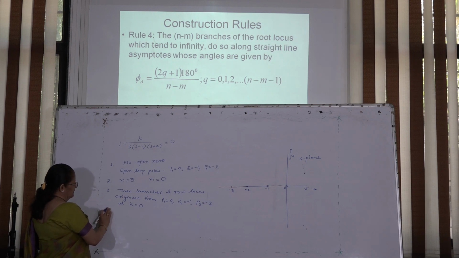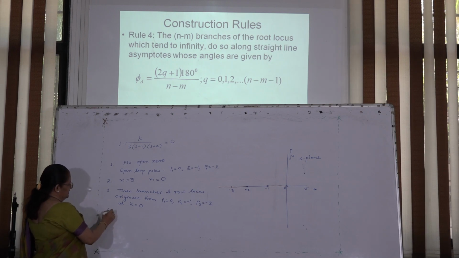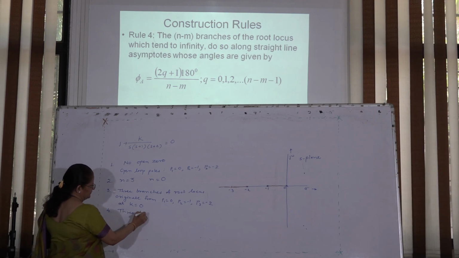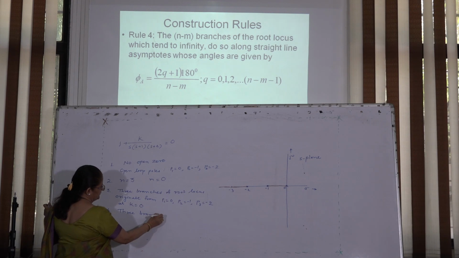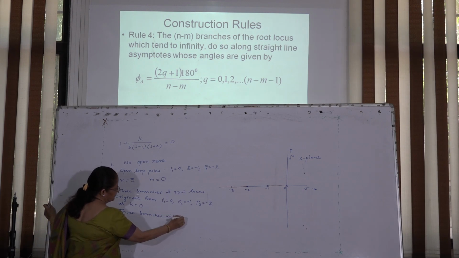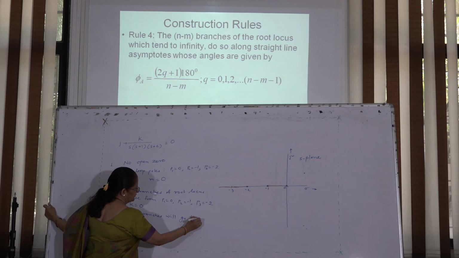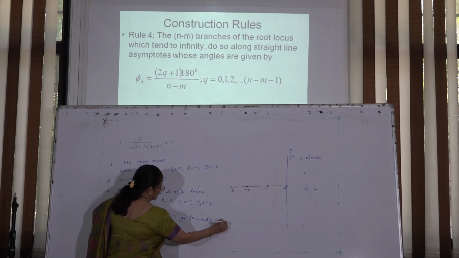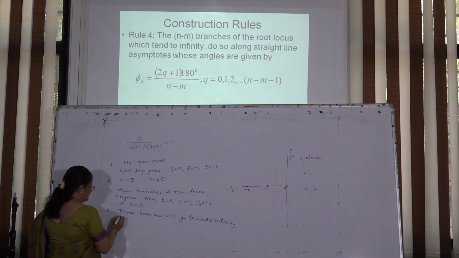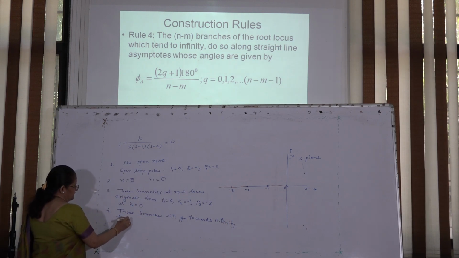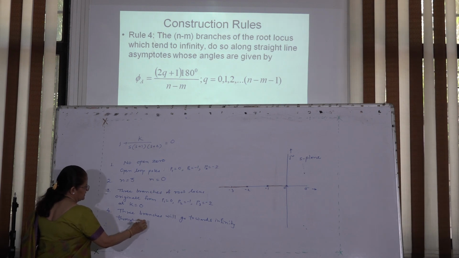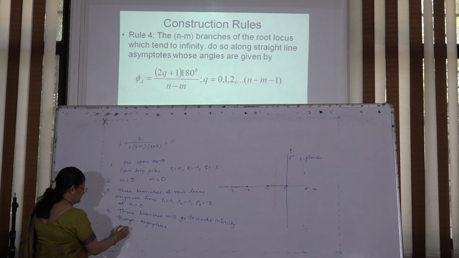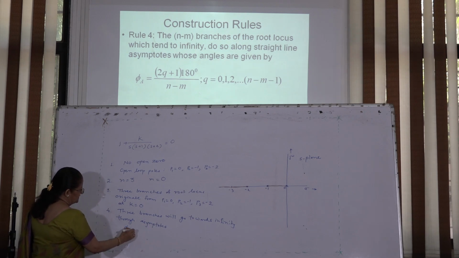So, fourth step is 3 branches will go towards infinity through asymptotes, with the angles phi a is equal to.